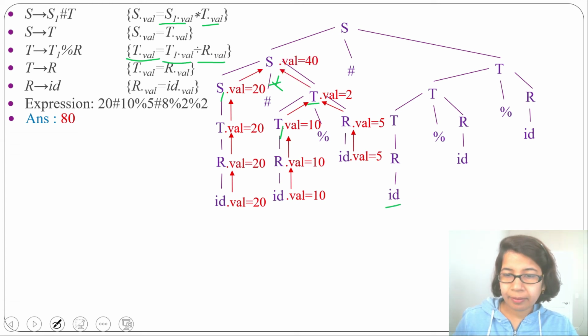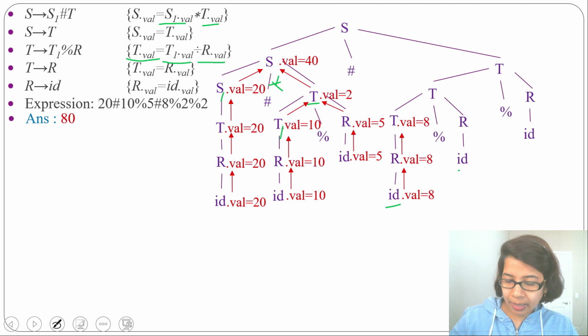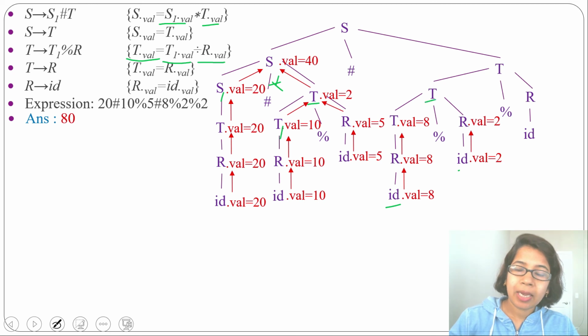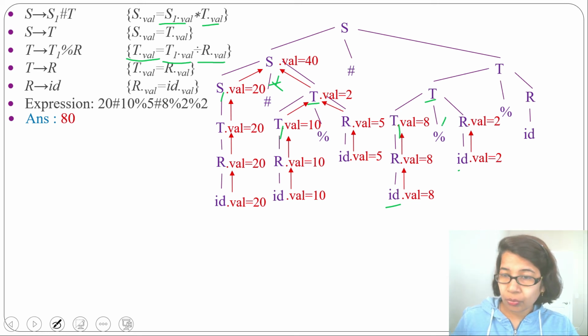Next this ID value equals 8. Now R value equals ID value, so 8. T value equals R value, so 8. Next this ID value equals 2. R value equals ID value, so 2. Next T value will be T1 value division R value. So 8 division 2 is 4. T value will be 4.